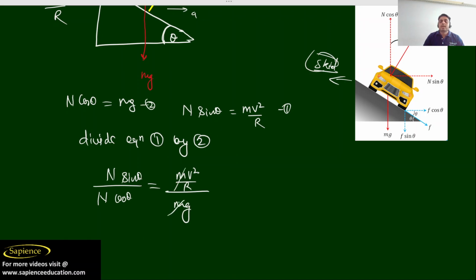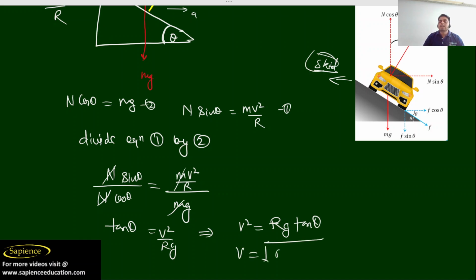So m got cancelled, N got cancelled, so it becomes tan theta equal to v square by rg. So v square equals rg tan theta, and v can be written as root under rg tan theta.